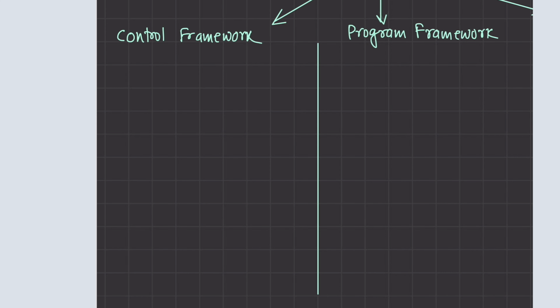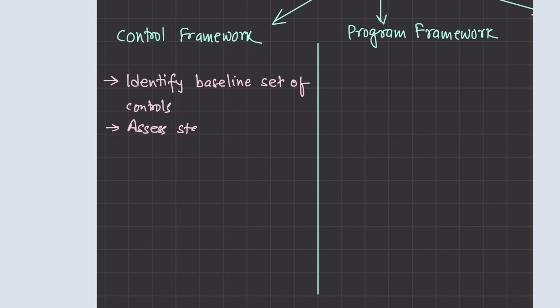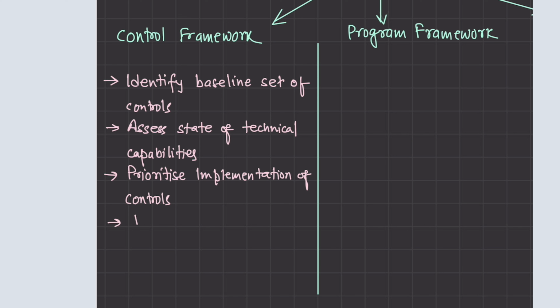As I already explained, there are three different types of framework: control framework, program framework, and risk framework. I will briefly explain the different features of these types. A control framework identifies a baseline set of controls first, then assesses the state of technical capabilities, prioritizes implementation of controls, and develops an initial roadmap.